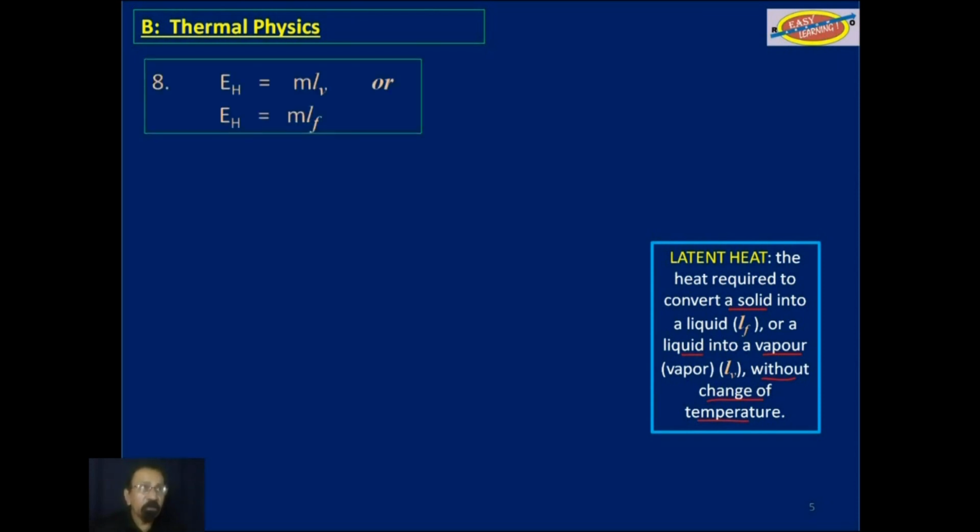The 2 new formulae we have are EH, that is heat energy, is equal to the mass times latent heat of vaporization, or heat energy is equal to the mass times the latent heat of fusion.